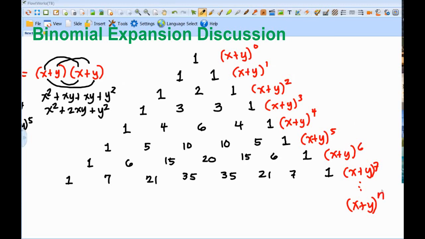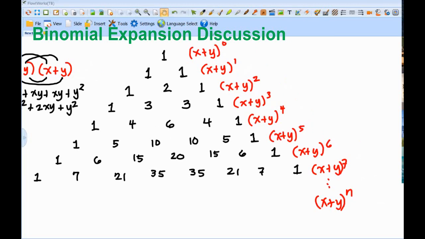So what is this all about? As you can see, for example, x plus y squared, you will get the answer x squared plus 2xy plus y squared, right? Okay, when we did that, look at the numerical coefficients.